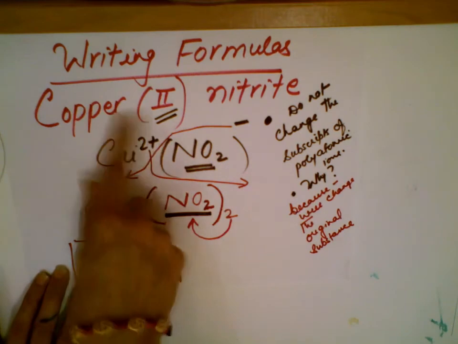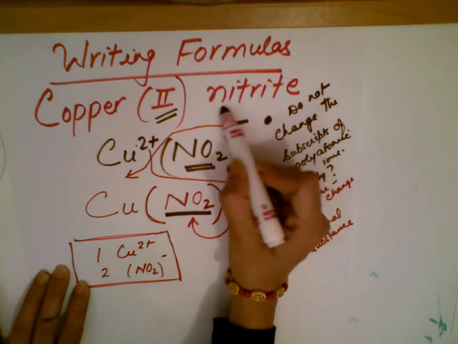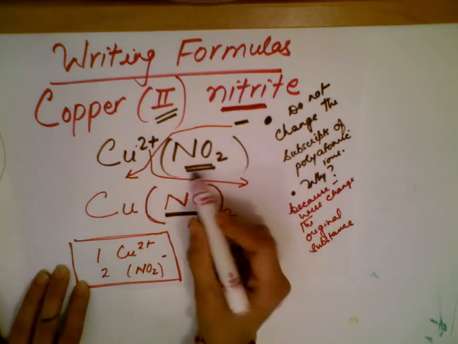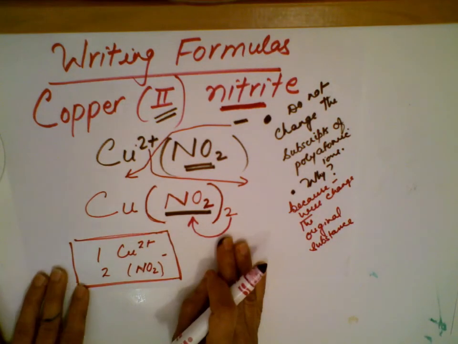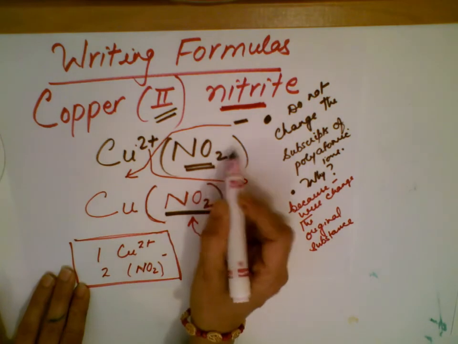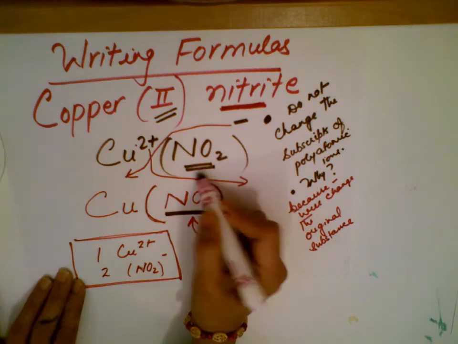So copper is how much? 2. So 2 plus. Now you look at the valency chart, and the formula for nitrite is NO2 minus. Now remember that you never touch these subscripts at the bottom, like nitrite is NO2. You are making new substances using the original substance. What is your original substance?